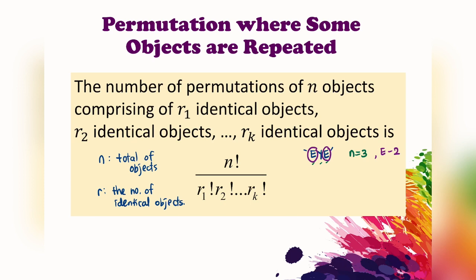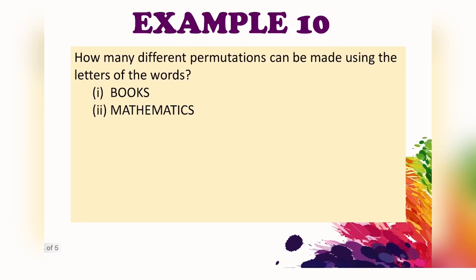So the number of ways to arrange a different word from "EYE" will be 3 factorial divided by 2 factorial. The number 3 represents the total objects, and divided by 2 factorial, meaning we have 2 E's, so that's why we need to divide by 2 factorial.